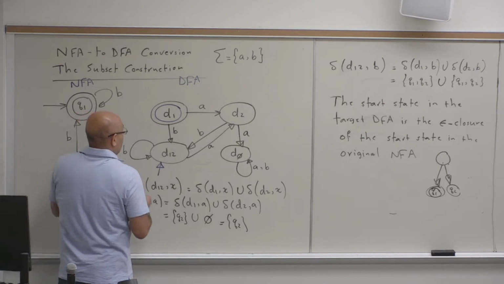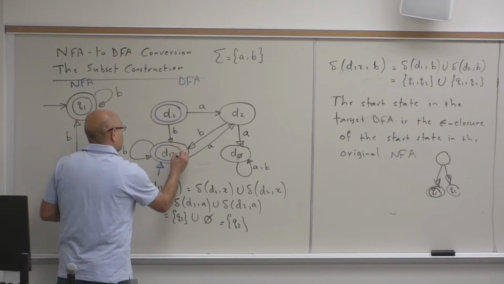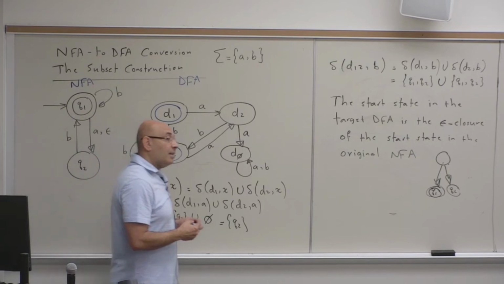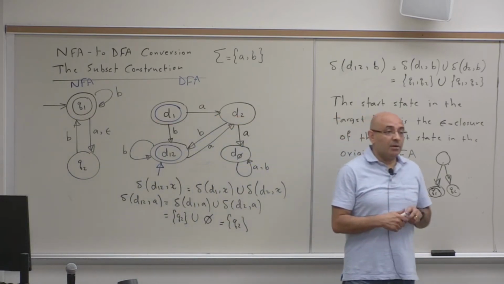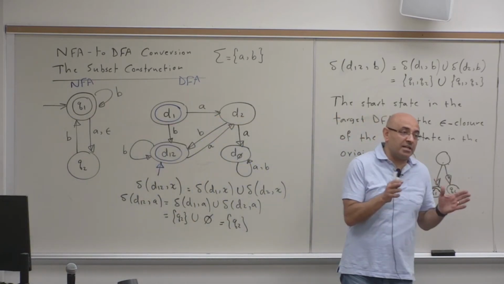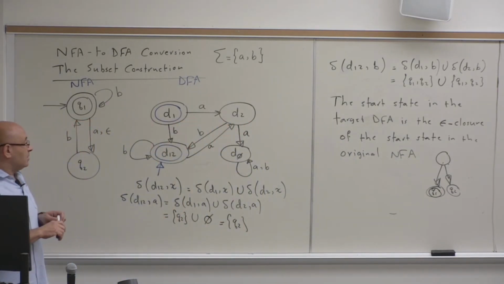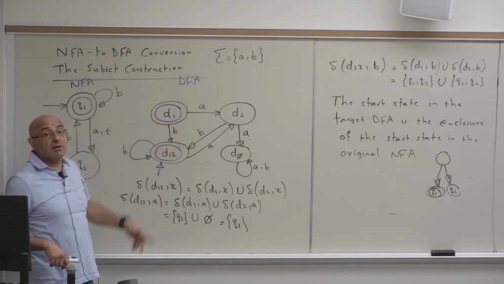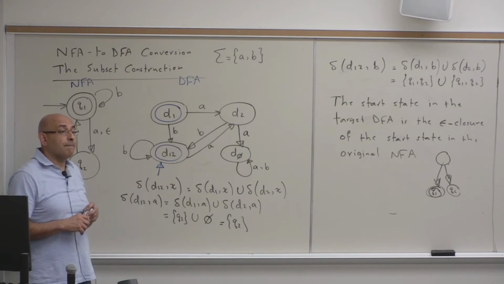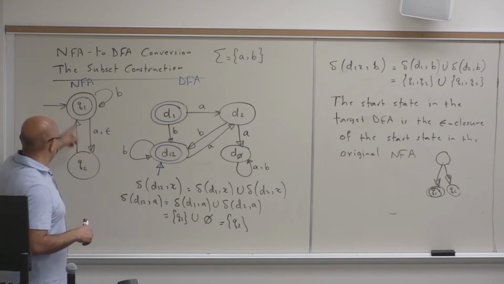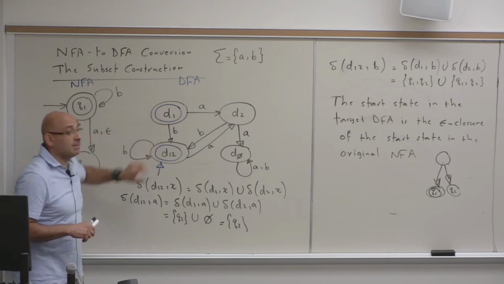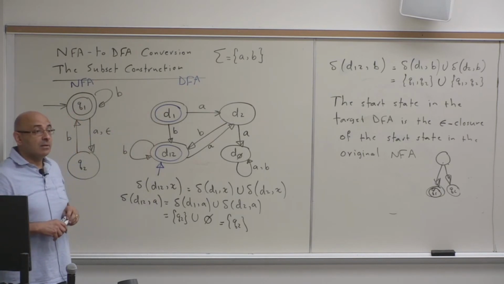So who can generalize this? How do we pick the accept states in the DFA? Make a general statement. Generally speaking, the accept states in the DFA are what? They're not the same as in the NFA. Here I have only one accept state, and here I have two. So how would we generalize this?